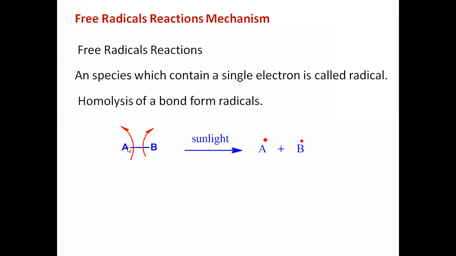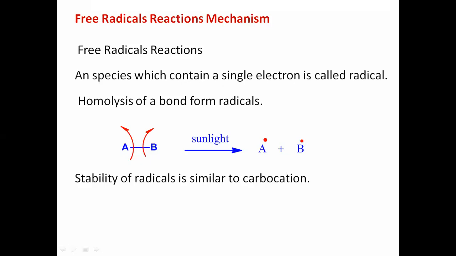So A will carry one electron, B will carry one electron, and this reaction takes place in the presence of light, sunlight, or high temperature. So these two radicals are formed, A dot and B dot. These two are called free radicals.